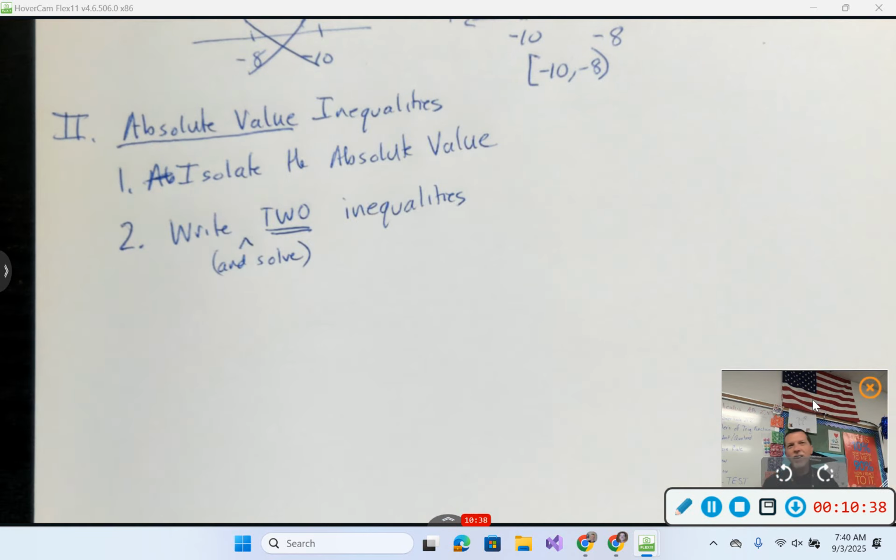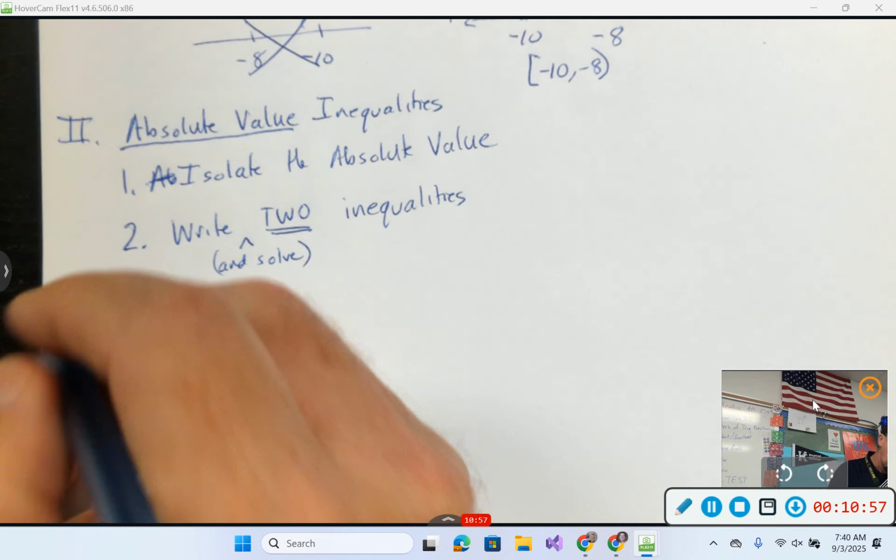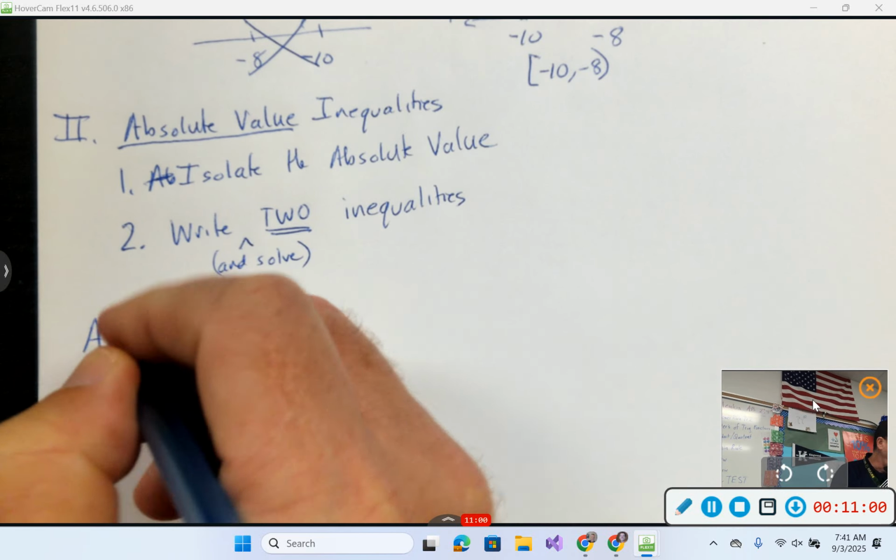So if you know how to do absolute value equations, it's not too much of a jump. There is an extra step we'll get to in a minute to get to inequalities. Get the absolute value thing by itself, split it up into 2, and we're even going to do the plus minus thing. There's going to be a little bit of trickiness with the less than, greater than, but we'll do that in a minute. So we handle them differently.